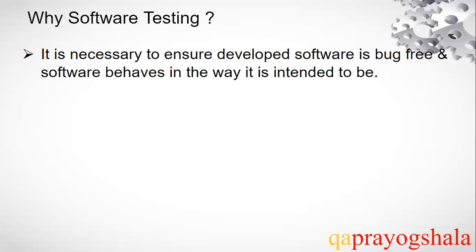So one thing we need to keep in mind: always develop a product which is in demand by the user, right? If the user has such a requirement wherein 1 plus 1 equals 3, then it has to be like that. So that is why software testing is very, very necessary.